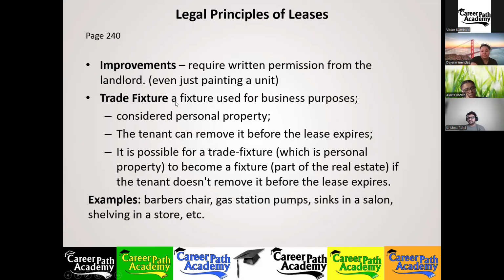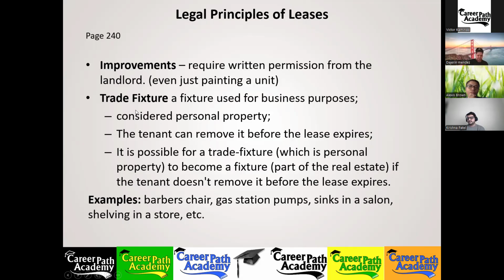Now, a trade fixture is a fixture used for business purposes. It's considered to be personal property. The tenant can remove it before the lease expires. If they don't, it is possible for that trade fixture to become a fixture and part of the real estate, the property of the landlord.